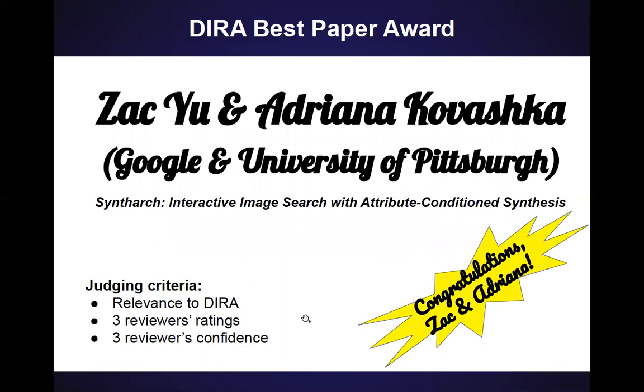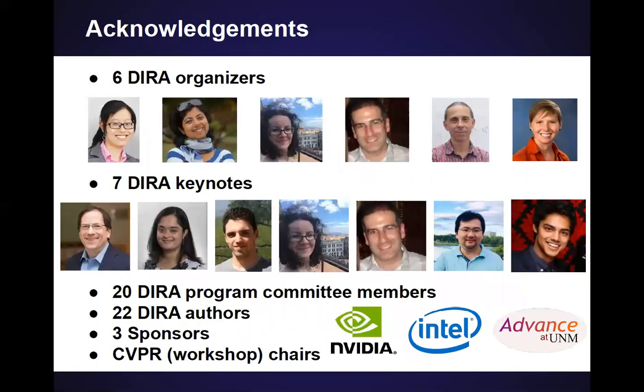The recipients of our DIRA Best Paper Award are Zach Yu and Adriana Kovashaka from Google and the University of Pittsburgh for their paper, Seeing Such, Interactive Image Search with Attribute Condition Synthesis. Congratulations, Zach and Adriana. The judging criteria are relevance to DIRA, three reviewers' ratings, and three reviewers' confidence.